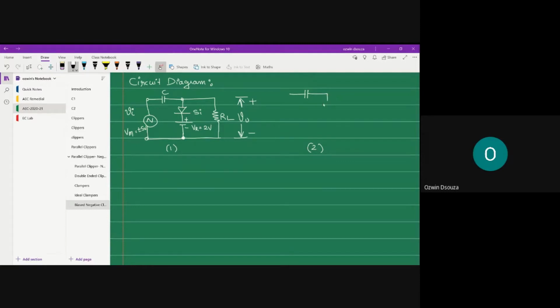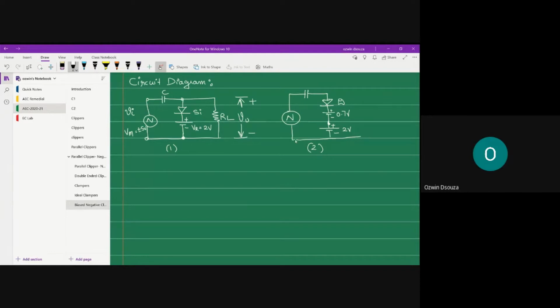So the practical diode is replaced with an ideal diode D and the barrier potential of 0.7 volts. Along with the barrier potential, you are supposed to connect the reference DC voltage as well, that is 2 volts.